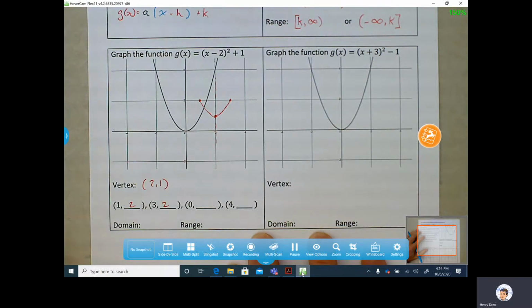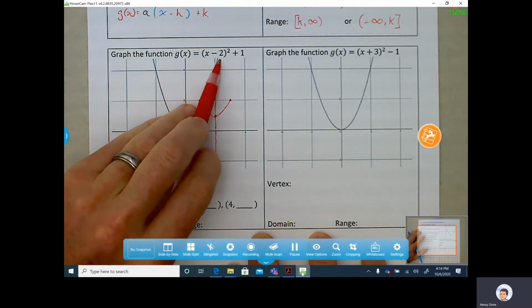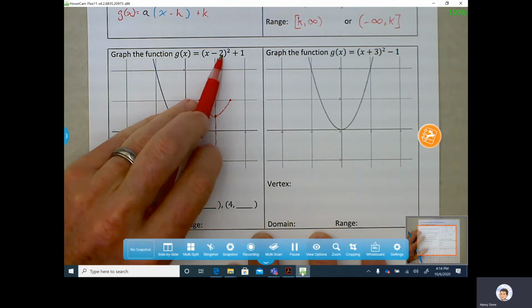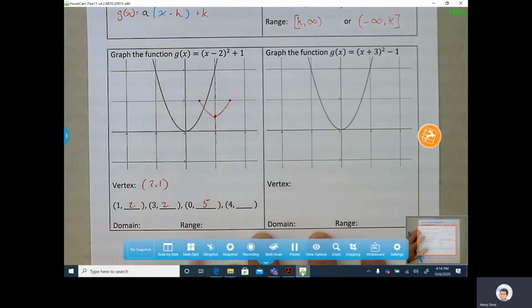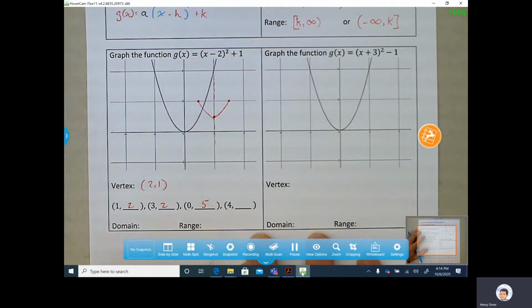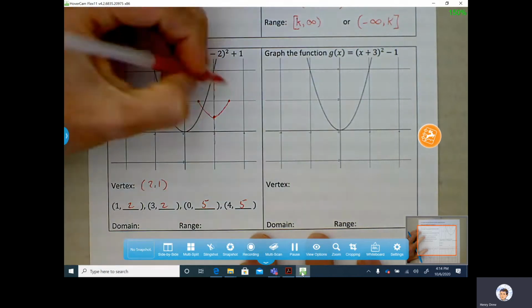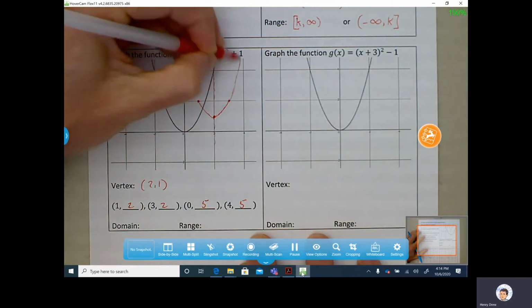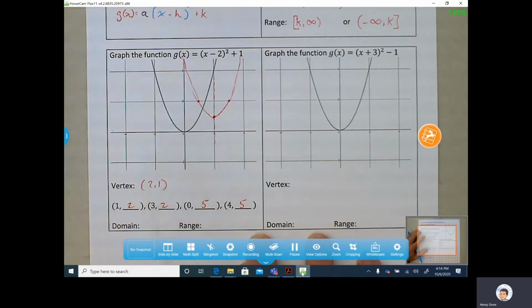We can continue to plug in values like 0. 0 minus 2 is -2, squared is 4, and 4 plus 1 is 5. We shouldn't have to plug in the 4. We should trust our symmetry. I don't exactly have that amount of room on my graph, but I would eventually.